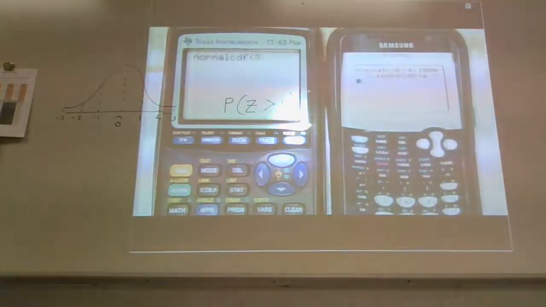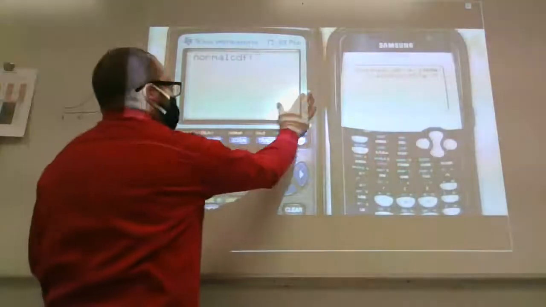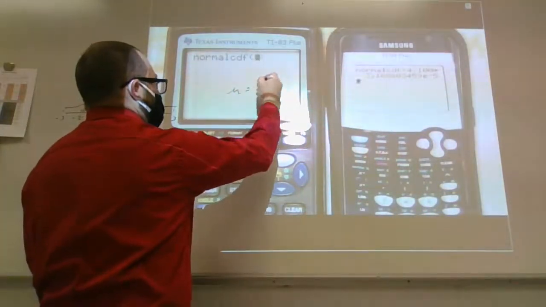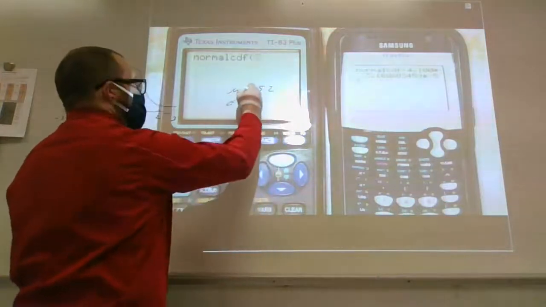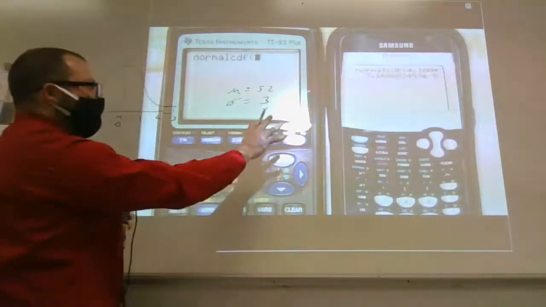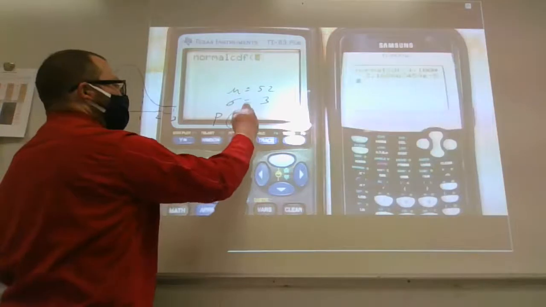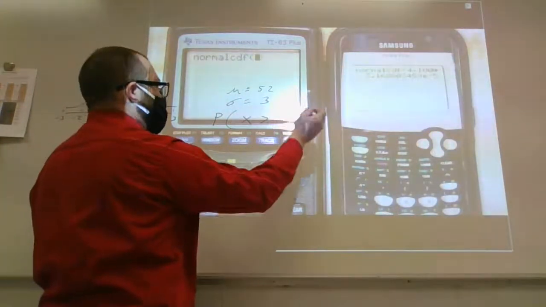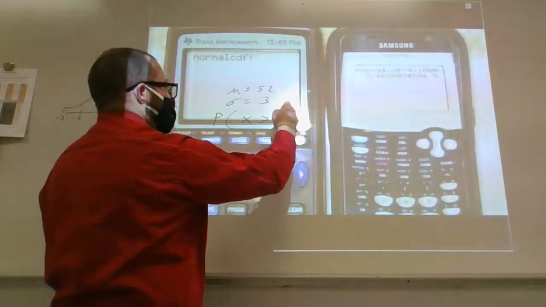But what if they changed it up? They might give you the following piece of information, where they may say, assume for a moment that the mu is, I don't know, 52, and the standard deviation is like 3. I'm making those numbers up. What is the probability that you'd have an x greater than, I don't know, 54?